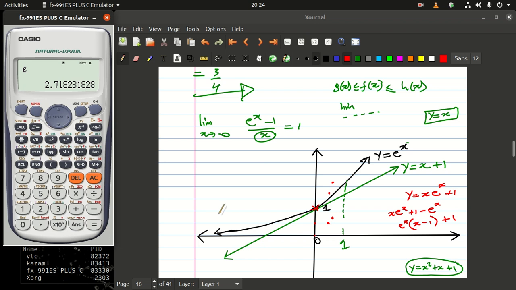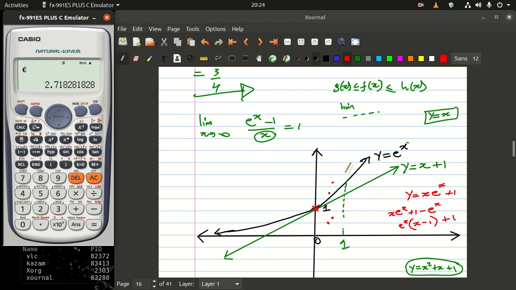You're supposed to know it. This is 2 something. Let's say I pick a value x is equal to 1. If x is equal to 1, I know that this part here is going to be 1. 1 minus 1 is 0. This is going to be 0. This is going to be 1. So at this point, I get a positive value 1.